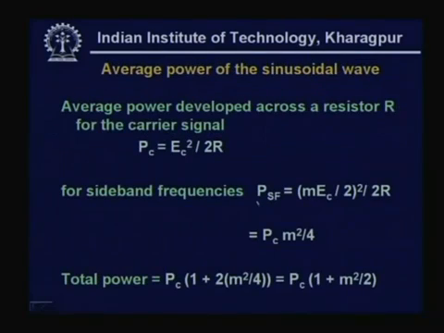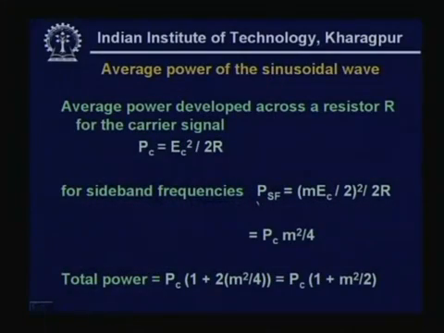Now, how much power will be associated with transmitting this signal? It is very important to understand the power required for transmission of the analog signal. So, as you have seen, there are 3 different frequency components. So, each of the frequency components will require power for transmitting through the antenna.